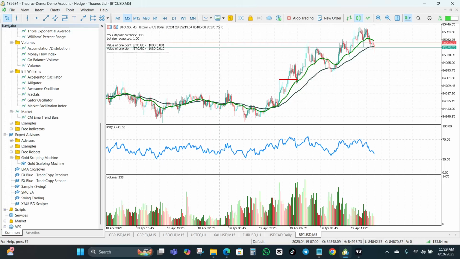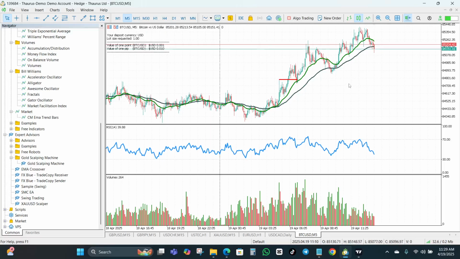All right, your entry comes after the structure break and a small retest like what we have here, ideally a candle wick to one of the EMAs or a minor support and resistance zone. All right, so you are not chasing the move, you are just reacting to the setup. Okay, now with respect to risk management, you have to set your stop loss just below the last minor low for a buy trade, obviously.